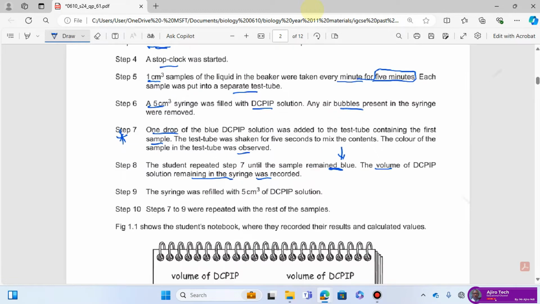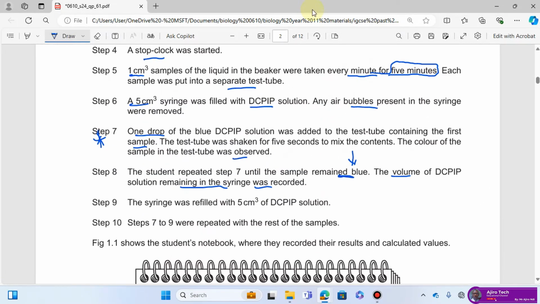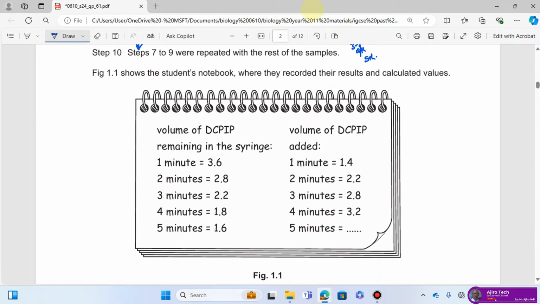Now step 9 says the syringe was refilled with 5 cm cube of DCPIP solution. Then the steps were repeated for the 2nd minute, the 3rd minute, the 4th minute, and the 5th minute. So that was what was done by the student. Now let's see. It says figure 1.1 shows the student's notebook where they recorded their results and calculated values.